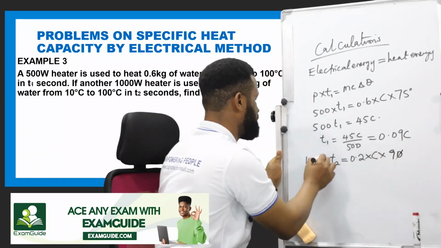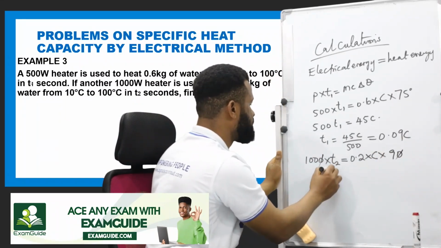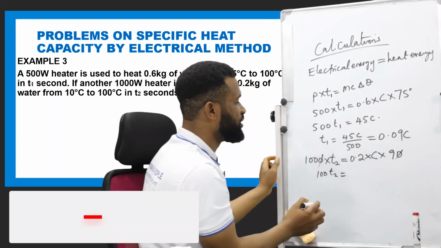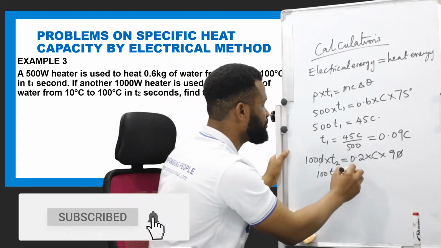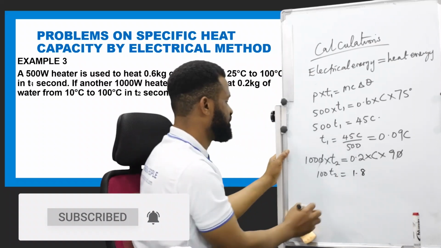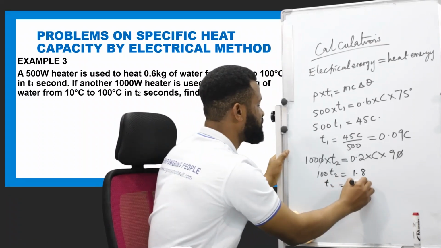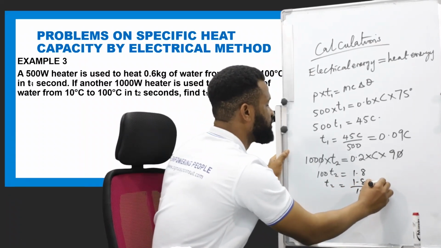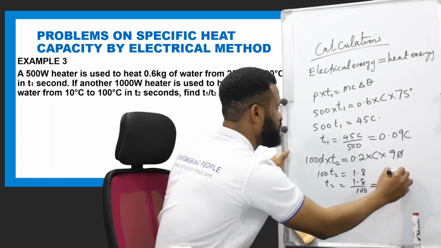So let me cancel here first. So I have 100 T2 is going to be 1.8. So T2 is going to be 1.8 divided by 100.